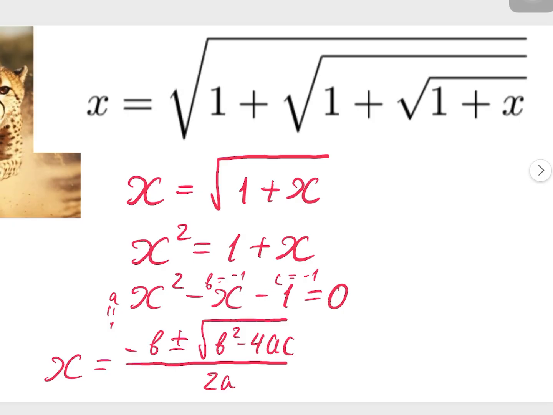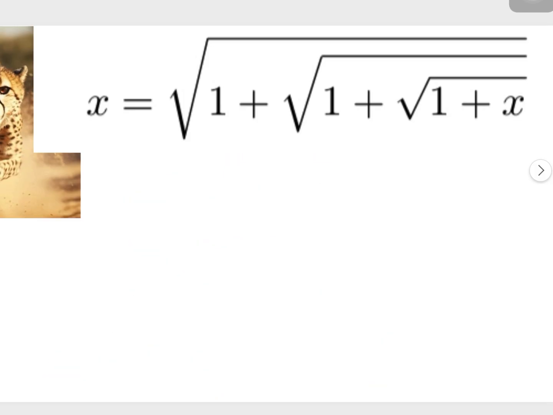So in this case, x equals 1 plus or minus square root of 1 plus 4, so it means square root of 5. Let me write the final solution: 1 plus or minus square root of 5, divided by 2. That's it, we solved it.